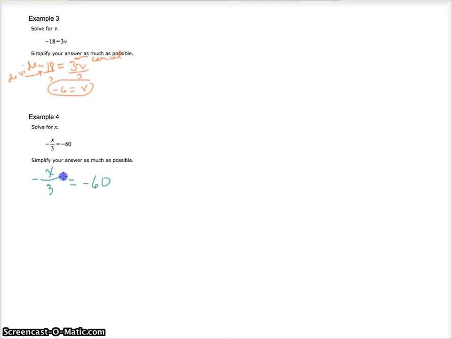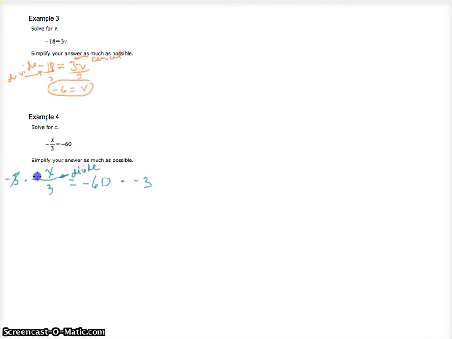Remember that this bar means to divide. So I'm going to multiply both sides by negative 3 because we're going to take away the negative sign. Negative 3 here, and times negative 3 here.